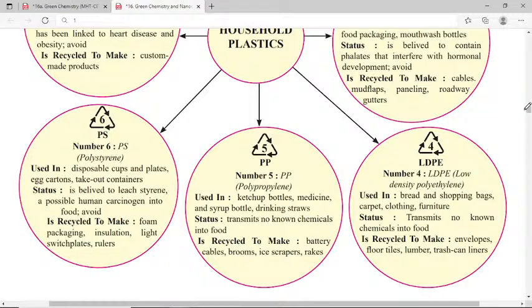Okay, this is written as drinking straw. What is the drinking straw here? That's polypropylene. So please note down, drinking straw.